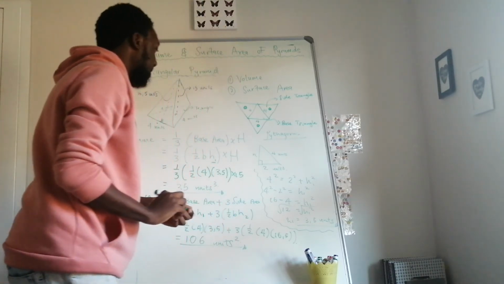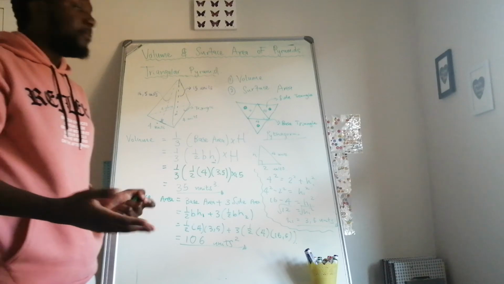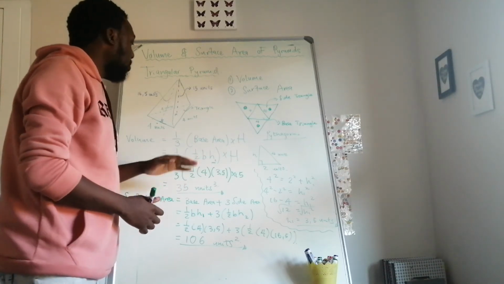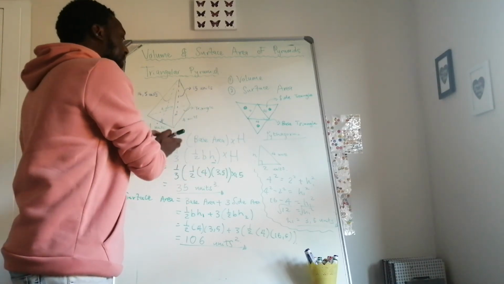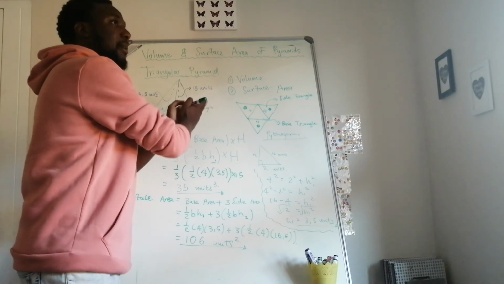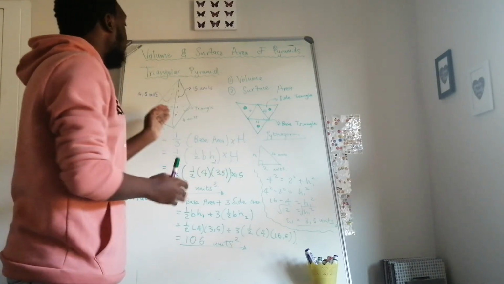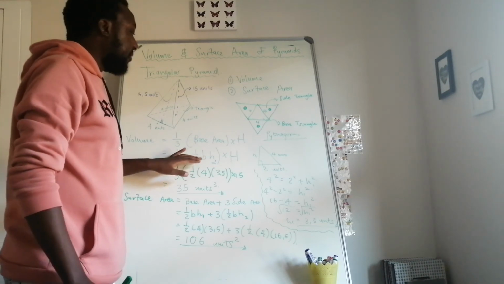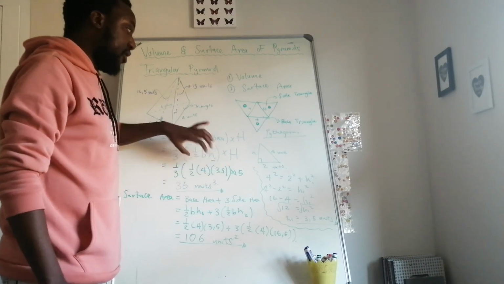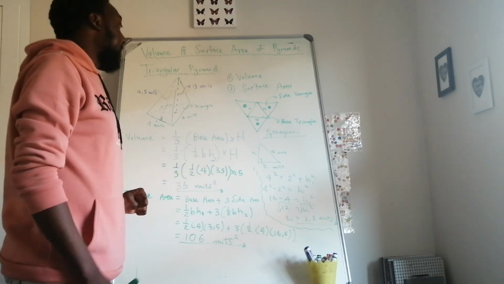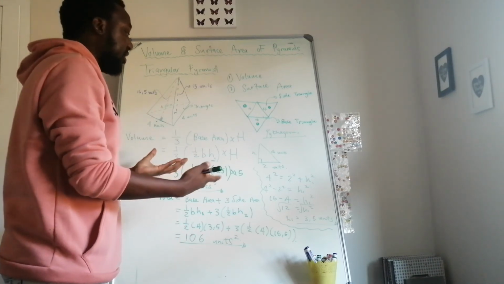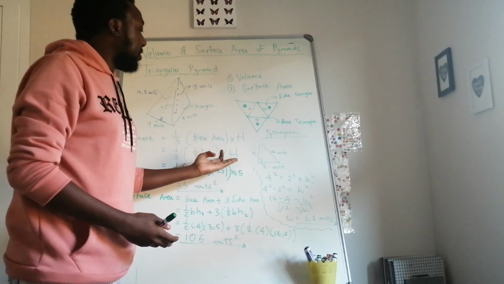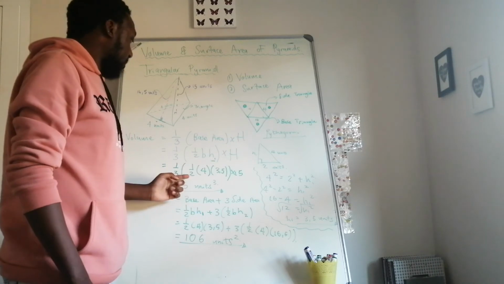As easy as that. Let me just go through it again. Volume is always a third the area of the base multiplied by the height. The base in this case is a triangle, so I put half base times height there, that's the area of my base triangle, and then I multiply with the height.